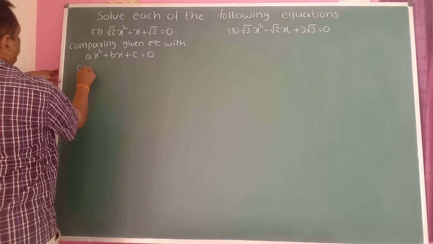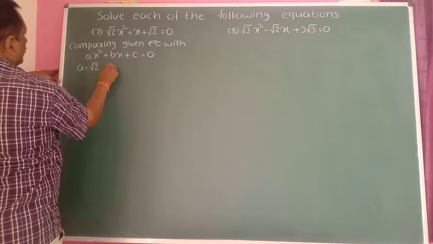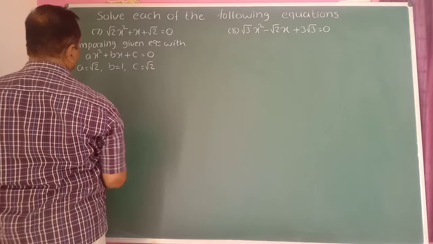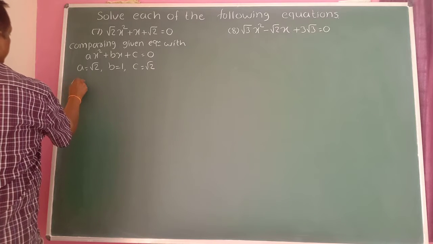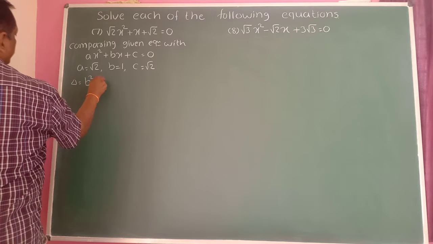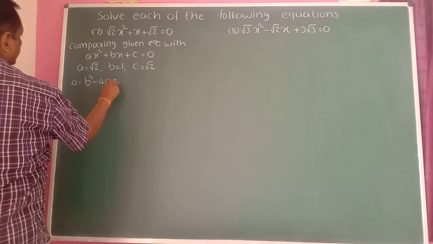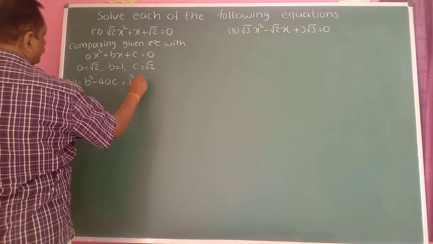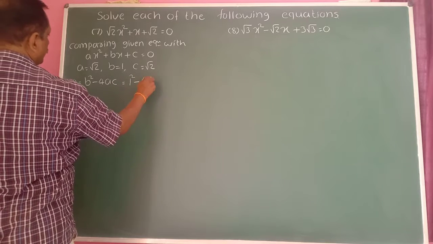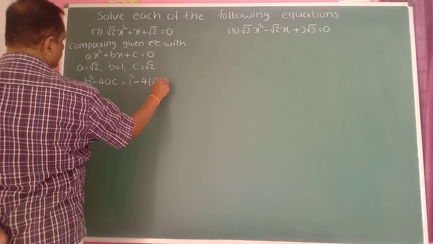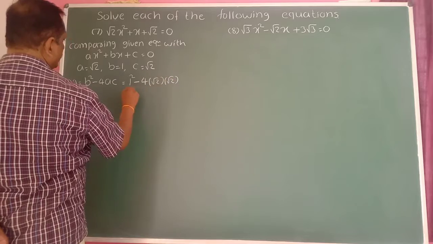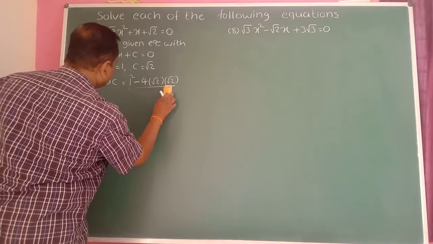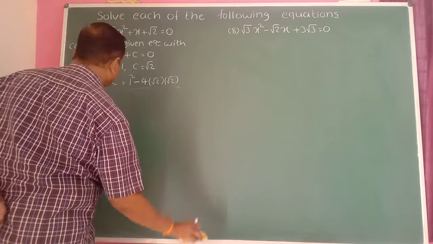Hence, value of a is root 2, b is equal to 1 and c is equal to root 2. Then the discriminant delta is equal to b square minus 4ac. B value is 1, so 1 square minus 4 into a value root 2 and c is also root 2. Now you simplify it.